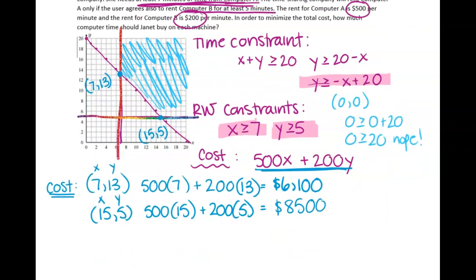And now we want to minimize our cost. So we'll look at what's smaller, 6,100 or 8,500. 6,100.